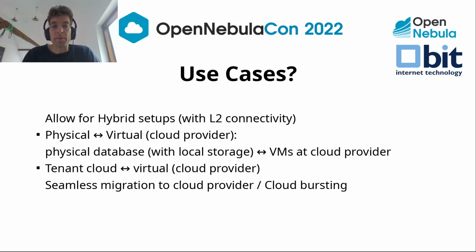An example could be that you want to use a physical database with, for example, special local storage, low latency NVMe storage, licenses running on it, compliance reasons, or a combination of both. Specifications that are not met within the cloud provider specifications, but you do want to use virtual machines at the cloud provider. For example, a web farm making use of this database server.